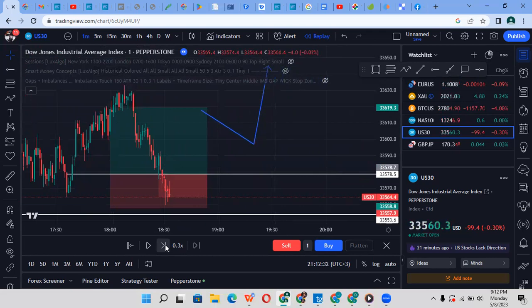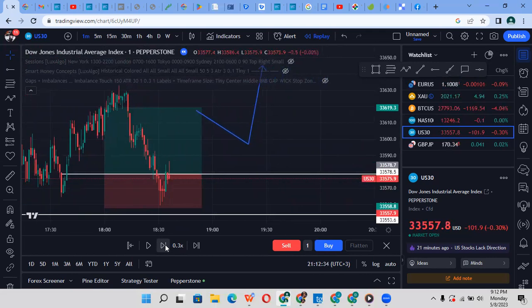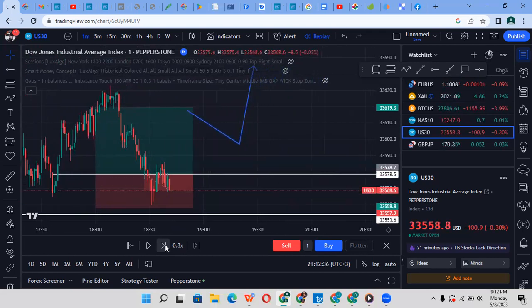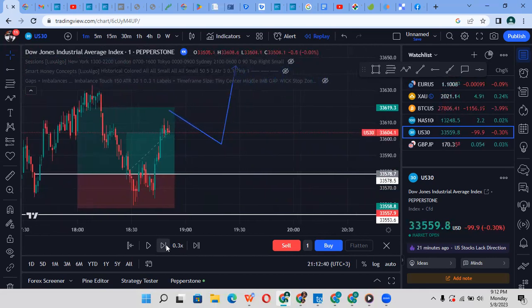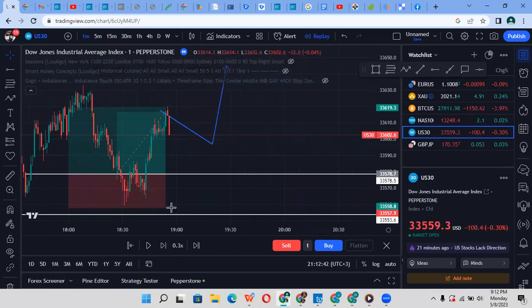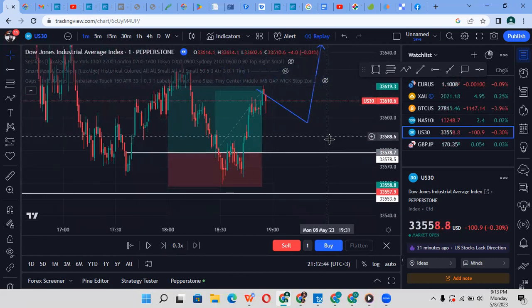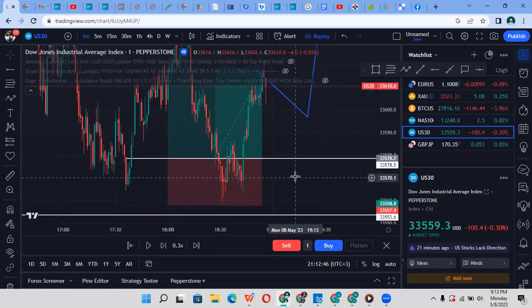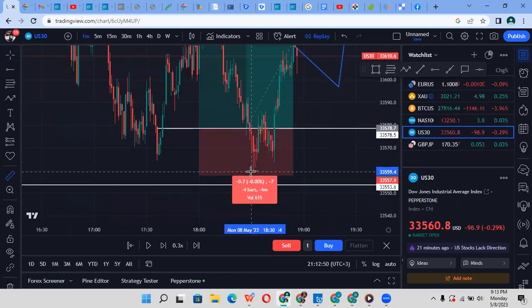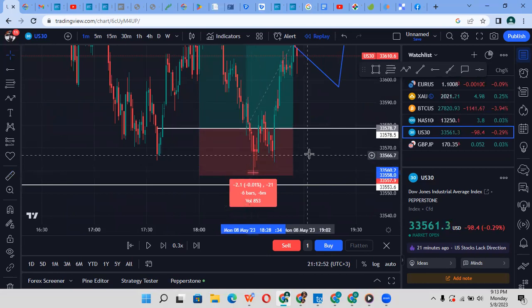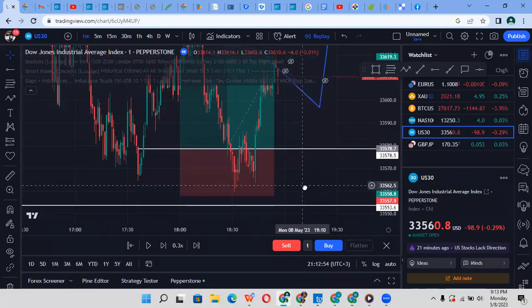Still, let's see, it will hit our stop loss. Wow, just missed. Okay, now you see that it just missed our stop loss by 2 pips.